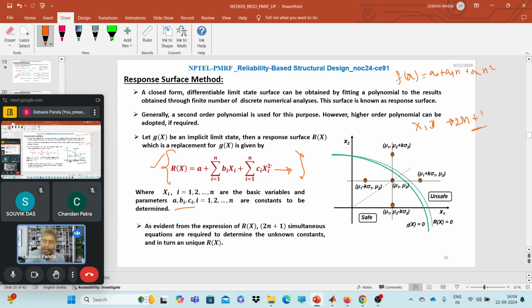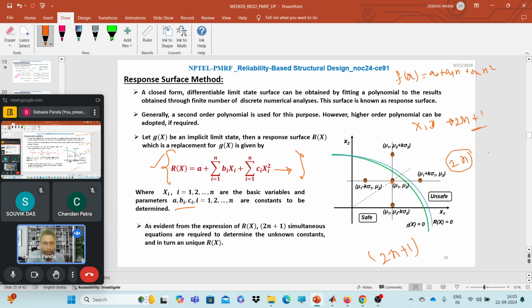So how can we have these 2n plus 1 simultaneous equations? First, we sample 2n plus 1 points. How? The first point is the mean, and we sample 2n points around the mean.